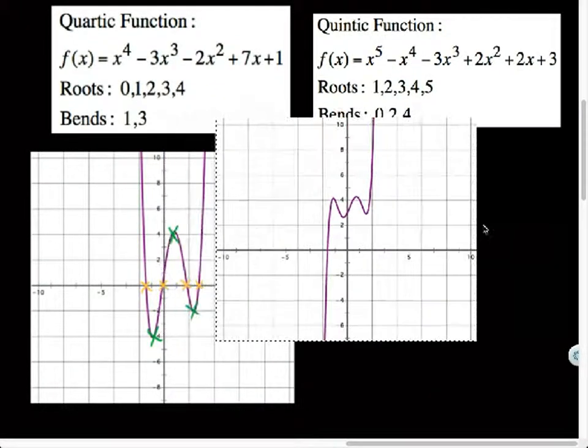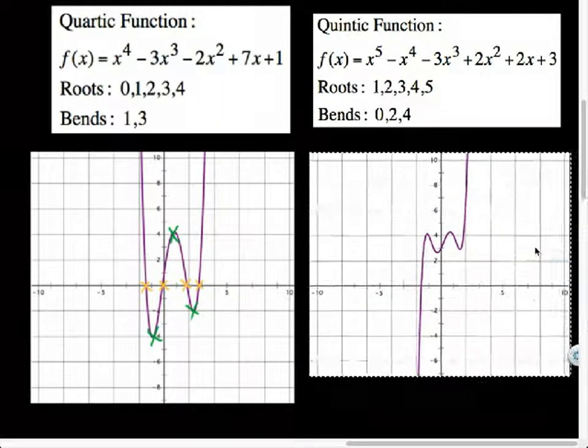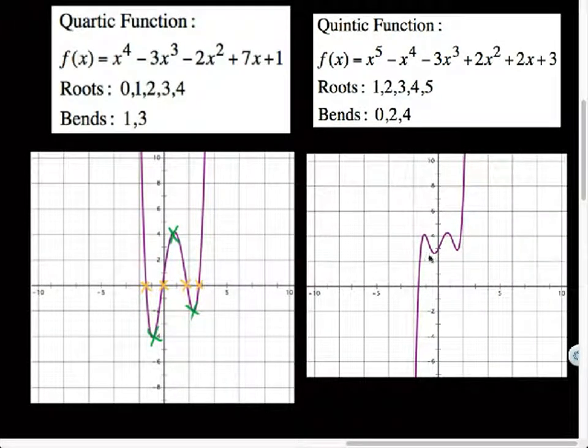And quintics have even squigglier graphs. The number of roots for a quintic is as many as 5, right? So I think you can imagine if I had something like this, you could have 1, 2, 3, 4, and 5, as many as 5, but not less than 1.